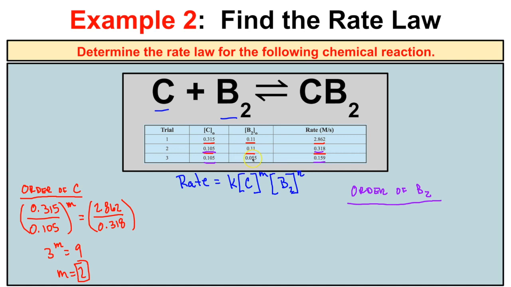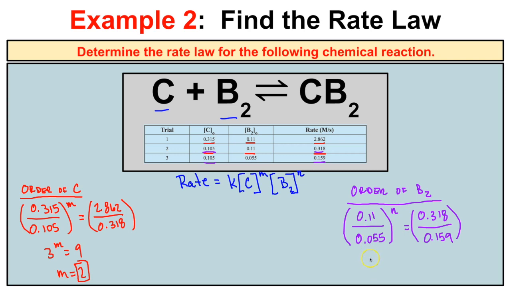We're going to take the higher of our two values, which is 0.11, and divide this by the lower of our two values, which is 0.055. We're going to raise this to the N power, and set this equal to the higher of our rates on top, which is 0.318, divided by the lower of our two rates, which is 0.159.